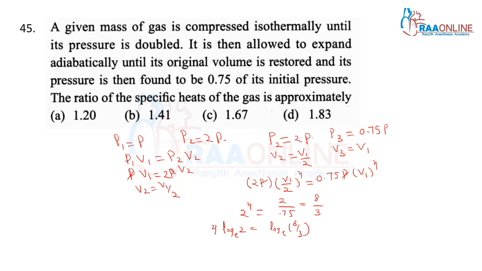So in this way we can calculate gamma by log 8 by 3 divided by log 2. A simple calculator is again allowed. So we can calculate with the help of a calculator what should be the value of log.